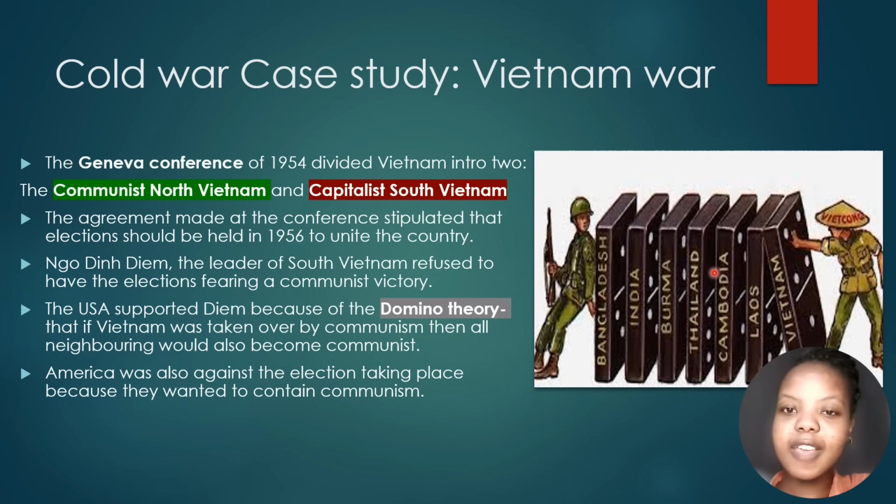So the USA feared that. As a result, they also didn't want the elections to take place. They feared communist victory in Vietnam, and they also feared the domino theory. We said that America was also against the elections taking place, fearing the spread of communism, or wanting to contain it.